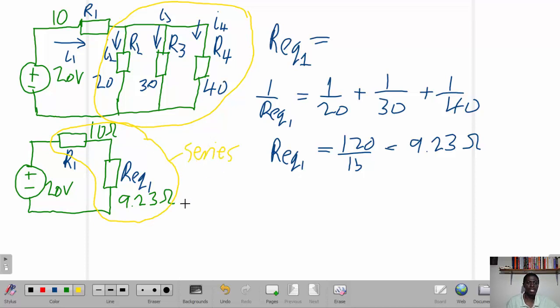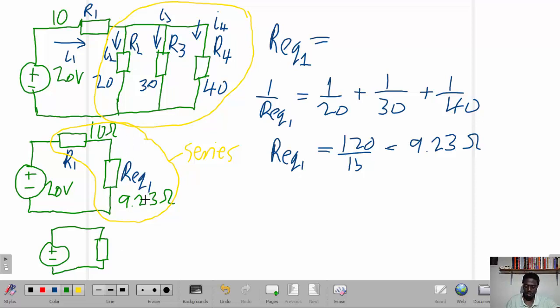And because these two resistances are in series, they're basically added together. So our total circuit then becomes simply a source and one resistor, which we determine to be the sum of these two.